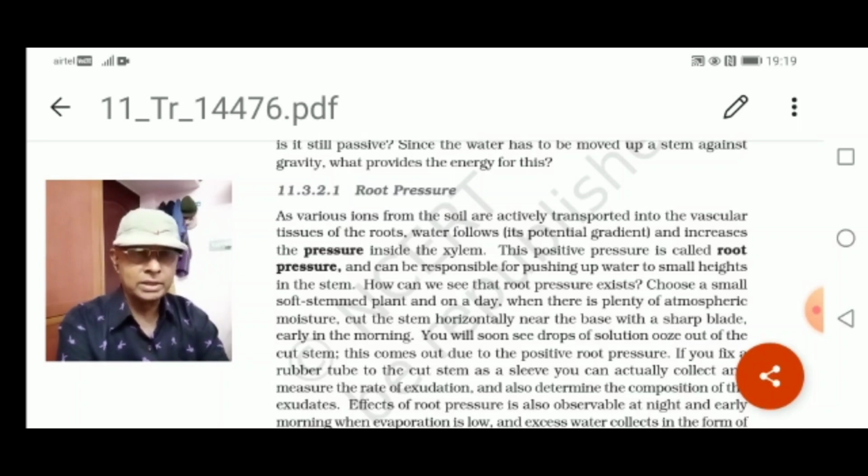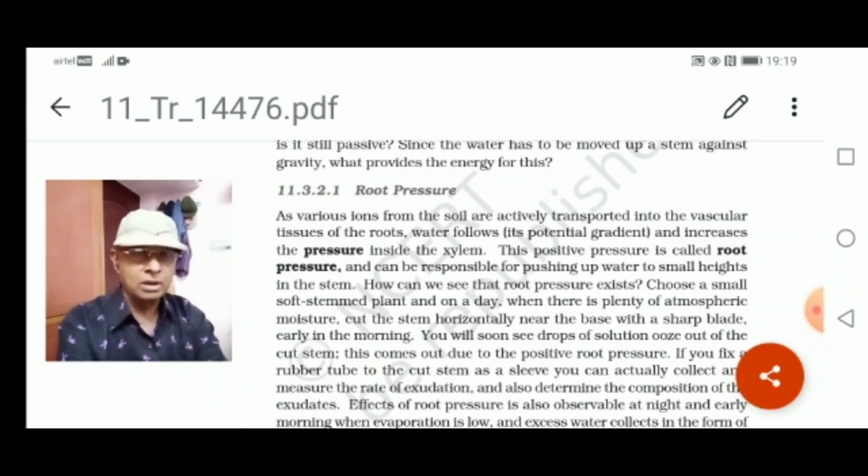Cut the xylem horizontally near the base with a sharp blade early in the morning, and you can see drops of solution ooze out of the cut stem. This comes out due to the positive root pressure.